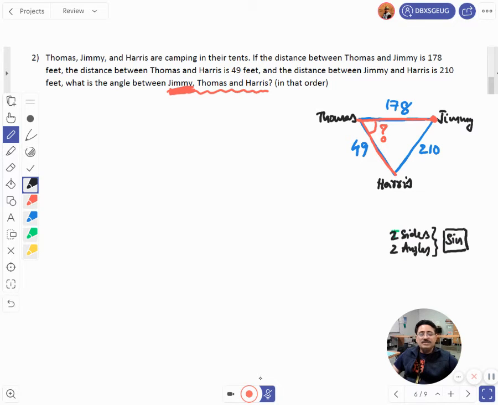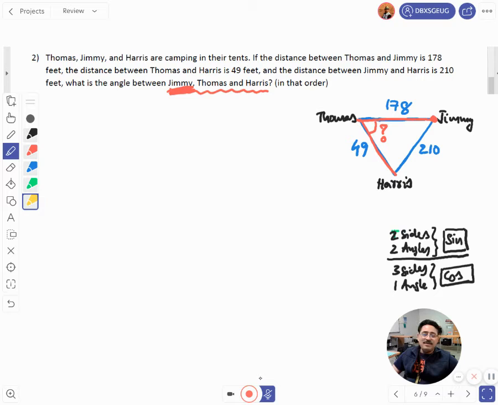And next, three sides and one angle, that is cos rule. So by looking at these, I can say that for three sides and one angle, this is the rule I have to use.